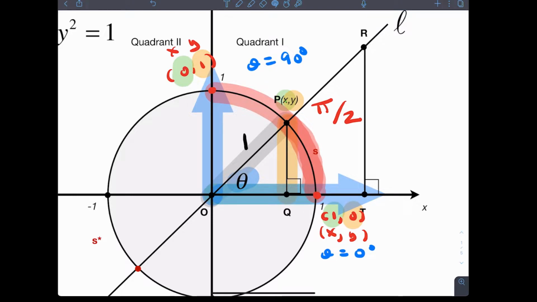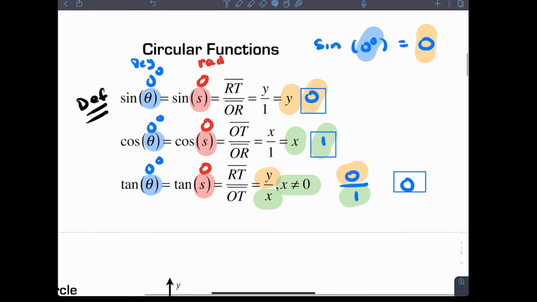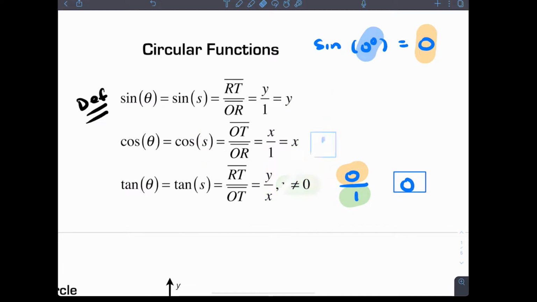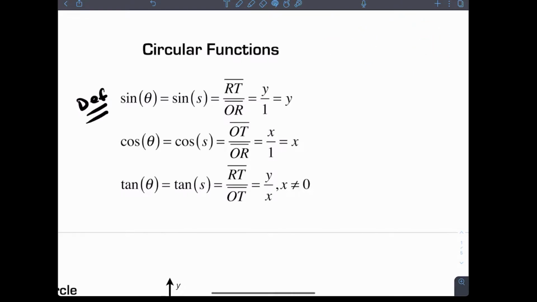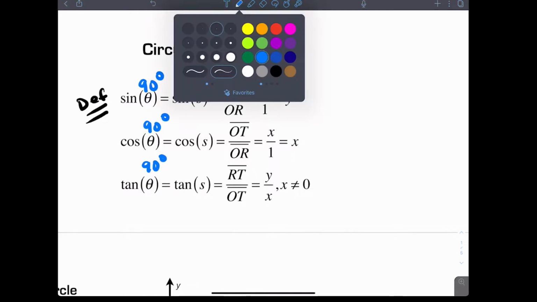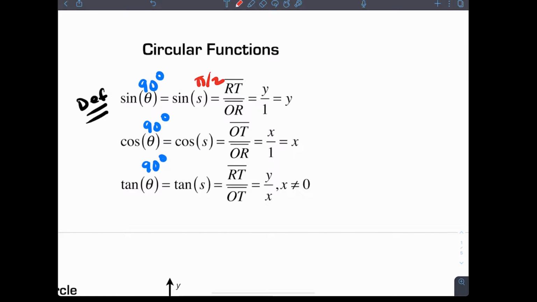Arc length is pi over 2. Okay, so now I'm going to erase this stuff here. Theta is 90 degrees. What was the arc length? Pi over 2.